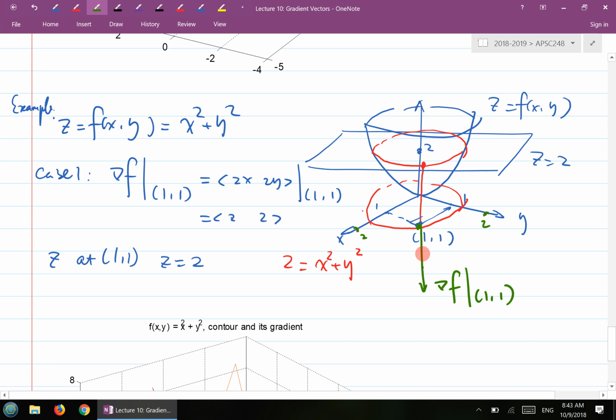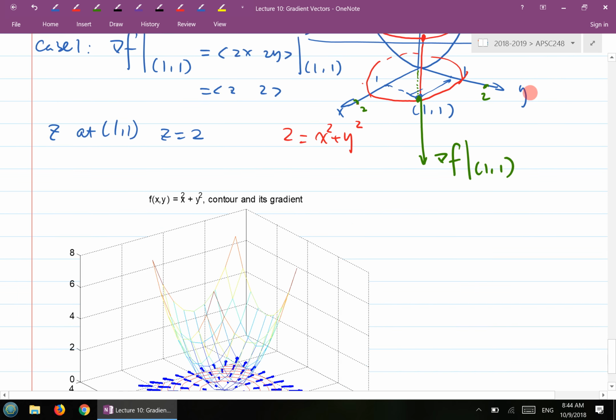This gradient vector is perpendicular to that circle, which actually makes sense. If you look at this green vector and extend it, it will go through the origin. Looking from the top, this is the xy plane, and this is your circle with square root 2 as radius.